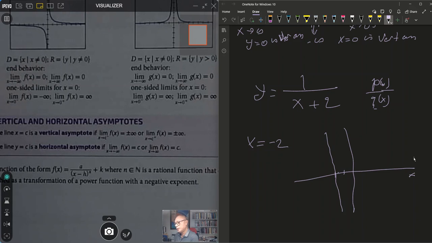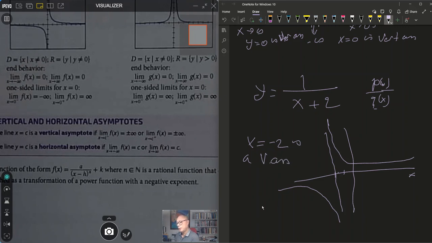So the function is like this, going to minus 2, y is going to infinite. When from the left, this value becomes negative, so the function would be like this. So x equal minus 2 is a vertical asymptote.